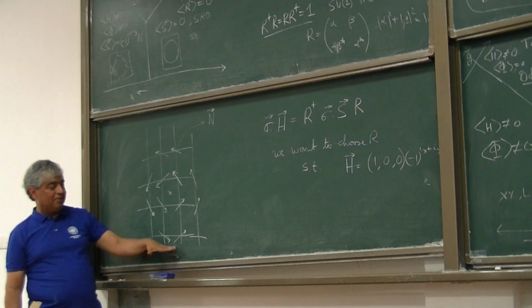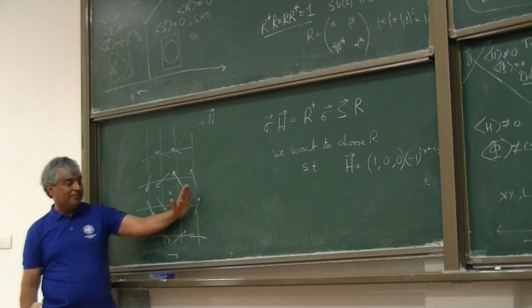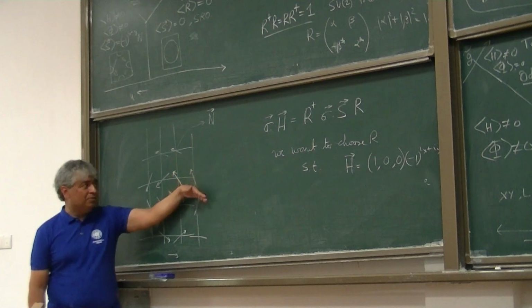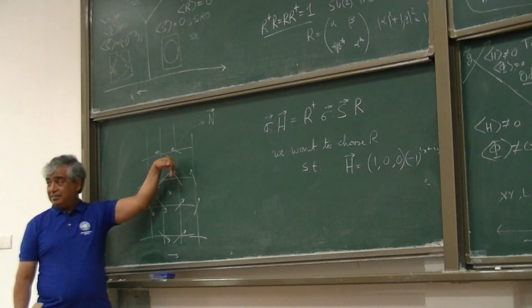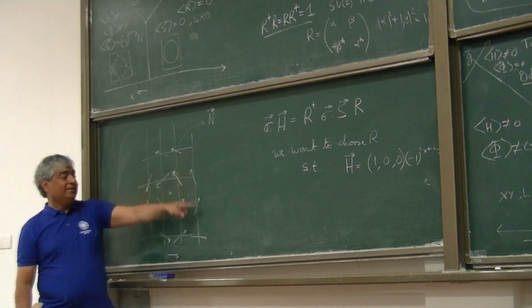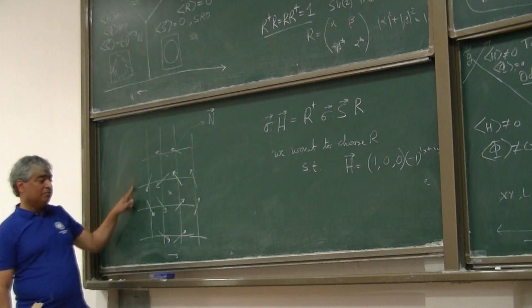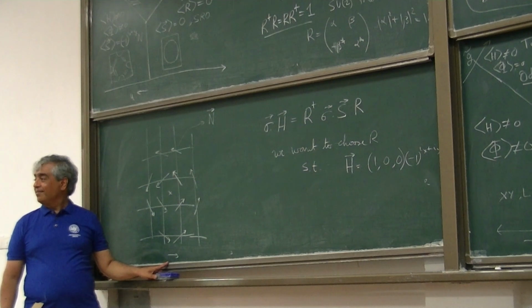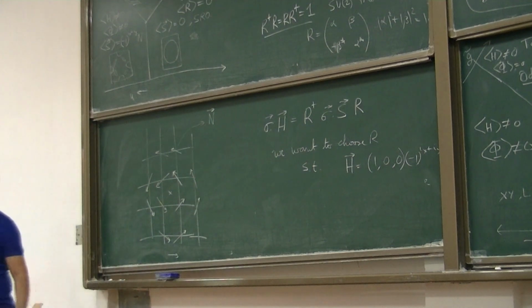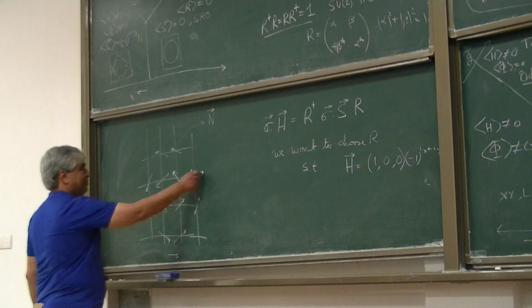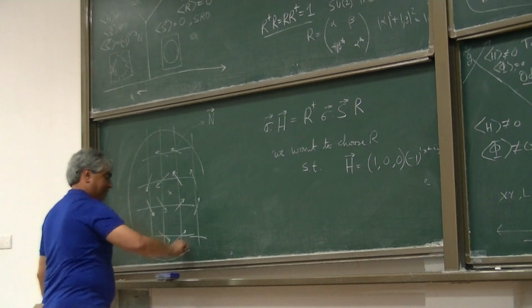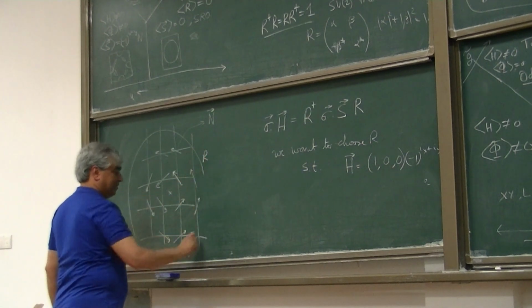And I go around. This one I have to rotate. This one I have to rotate. So R I have to keep choosing with this rotation. When I go around, the rotation for R changes by an angle of 2 pi. Okay. Now what is the rotation matrix for a 2 pi rotation? For spin a half, it's minus 1, right? So as I go around, R goes to minus R.